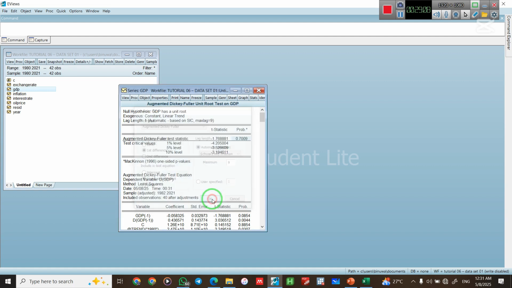Then press OK. Here we can see that now the probability value is less than 0.05, that means we are rejecting the null hypothesis. The null hypothesis says that DGDP has a unit root, that means the variable is not stationary. Since we are now rejecting the null hypothesis, we can see that GDP becomes stationary at its first difference, right?